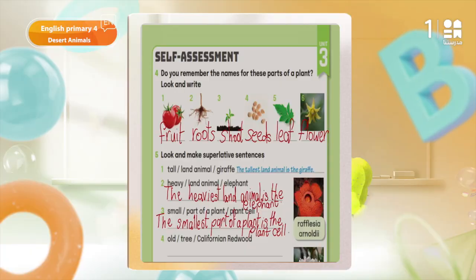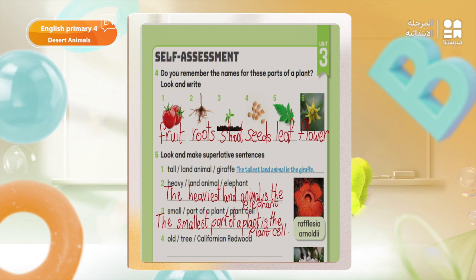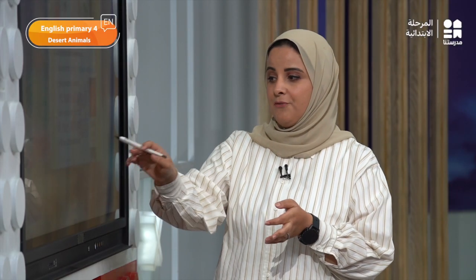Number 4. Old tree, Californian redwood. Again, one more time. Old tree, Californian redwood. Californian redwood, it's a proper noun. That's why it's written in a capital letter. Names should be written in capital letters because they are proper nouns.